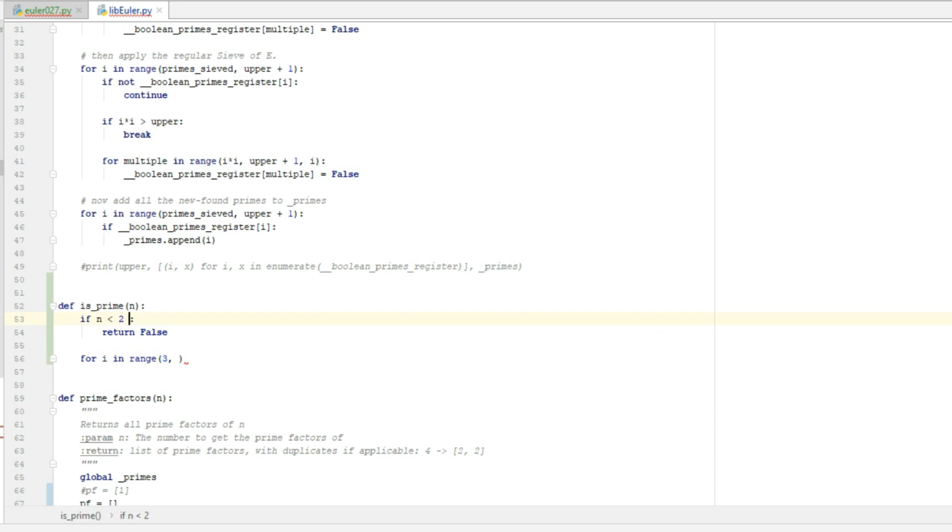Alright, so let's see, we can test if this number is prime: if it's less than 2, or if it is equally divisible by 2, then it's clearly not a prime.